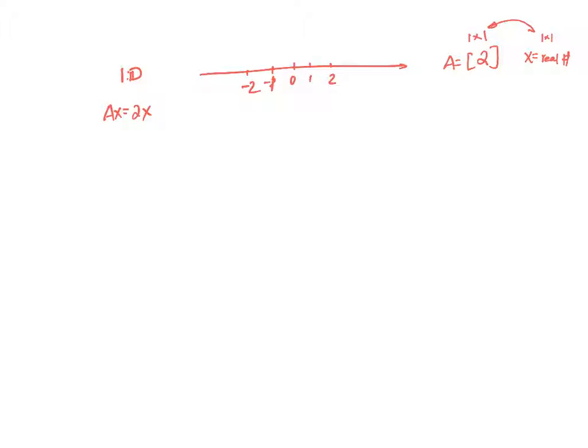Now, if you look at the effect, 0 times 2 is going to be 0. And 1 times 2 is going to be 2. So 1 is going to be moved to 2. And 2 times 2 will be 4. And -1 times 2 will be -2. So basically what this does is, this 1, after multiplying by 2, is moved to here, right?